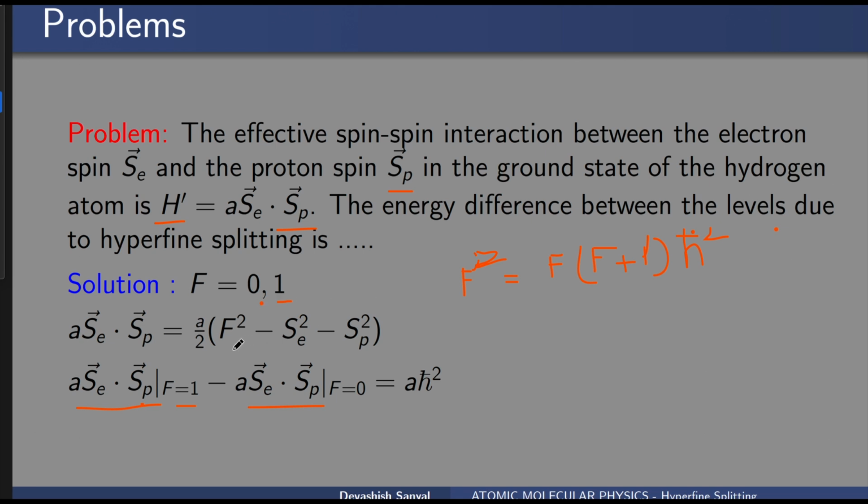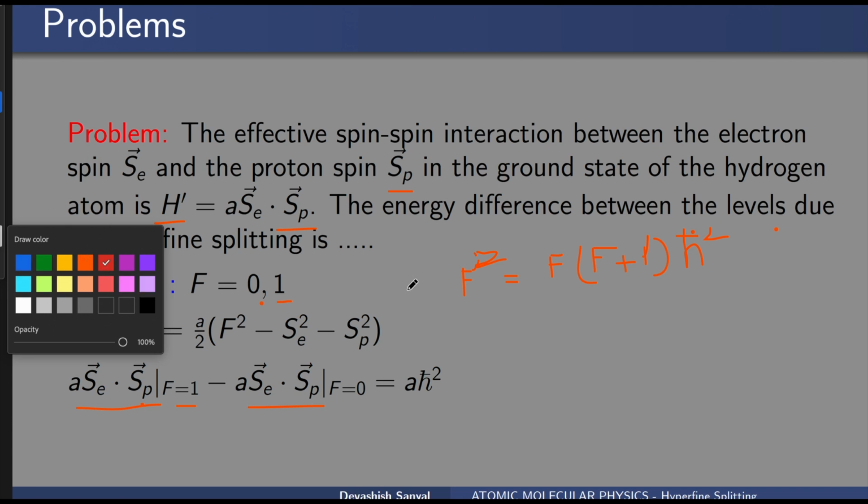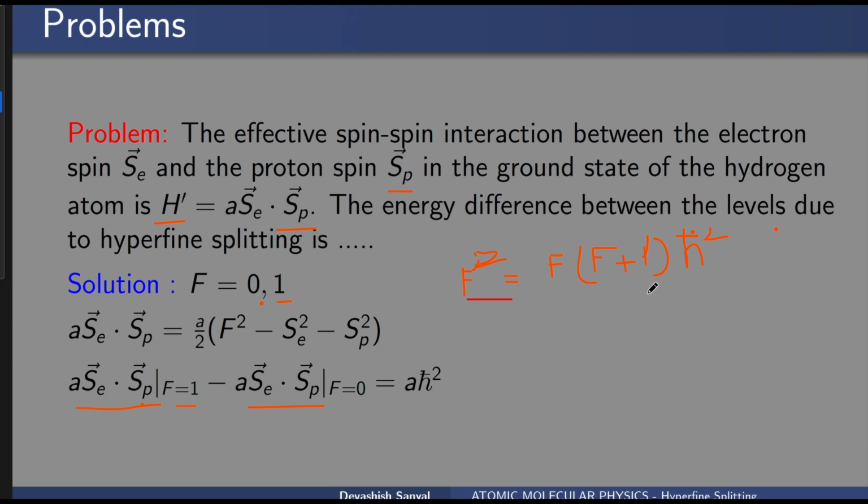By F square, I mean this quantity, F into F plus 1 h bar square. So I'll stop here today, and very soon we'll start with the next topic under atomic and molecular physics.